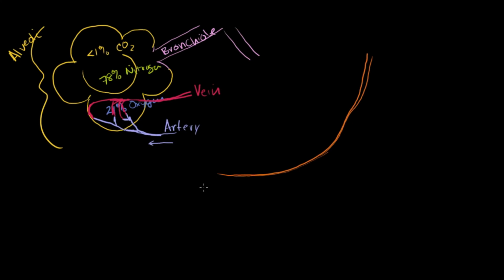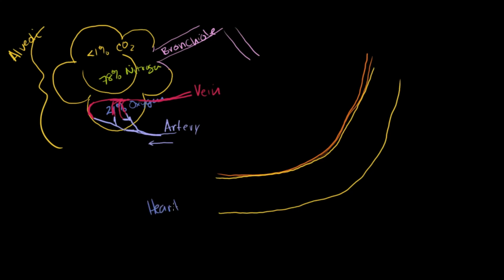Let me do that in a neutral color. So this is the capillary that's running right along the surface, just like that. And this is porous to gases like oxygen, nitrogen, carbon dioxide. And let's say that the heart is over here.